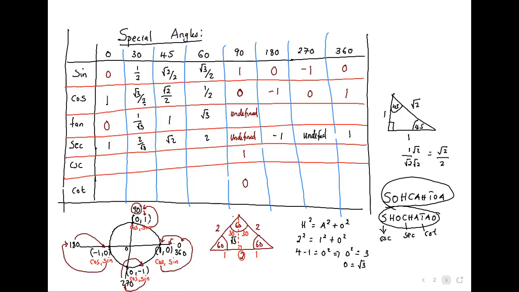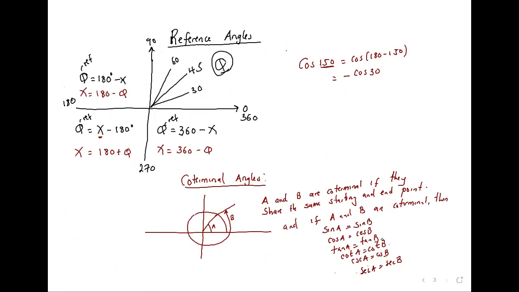Then we've talked about special angles, the values. We've talked about the unit circle in terms of the angles on the axis. We've talked about the reference angles, and I've explained the coterminal angles.